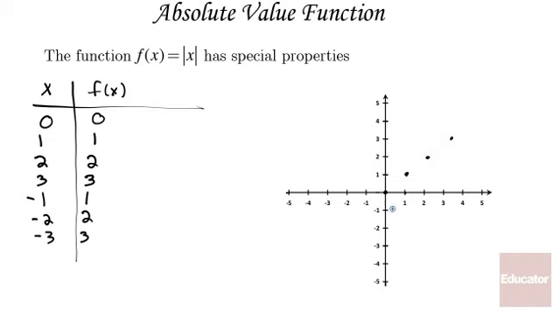And on. Now, for negative numbers, negative 1, f of x is 1. Negative 2, f of x is 2. Negative 3, f of x is 3. And it's going to continue on like that. So absolute value graphs are V-shaped. So we're going to end up with a V-shaped graph.